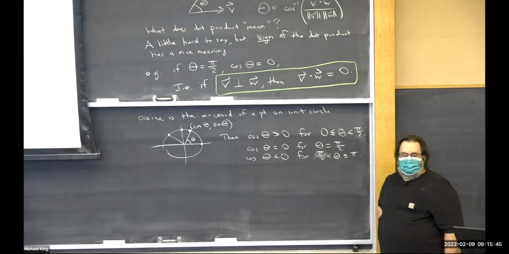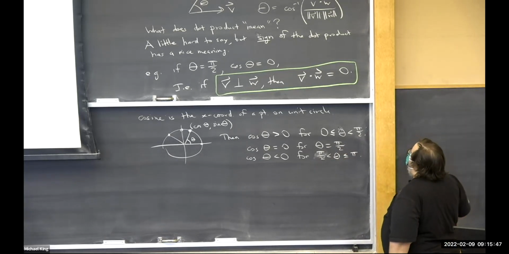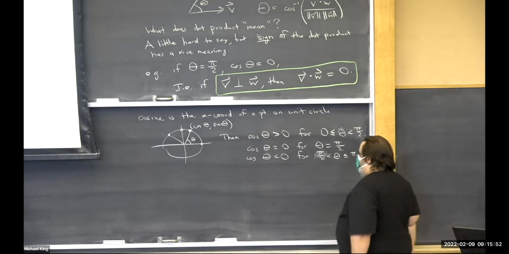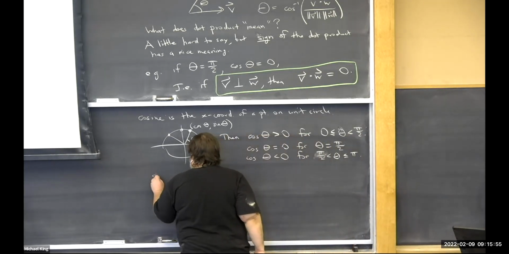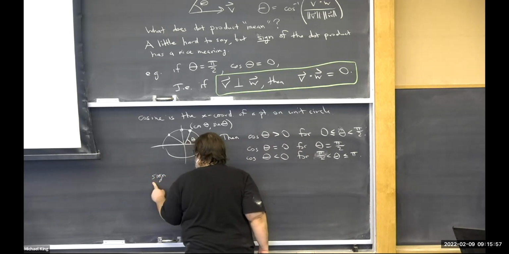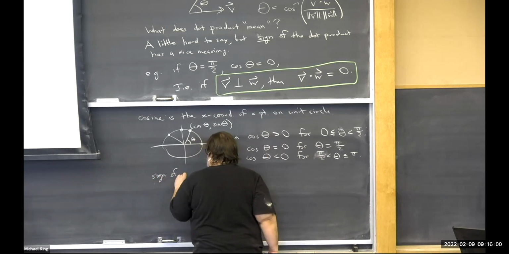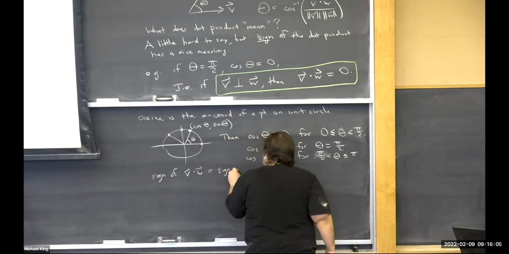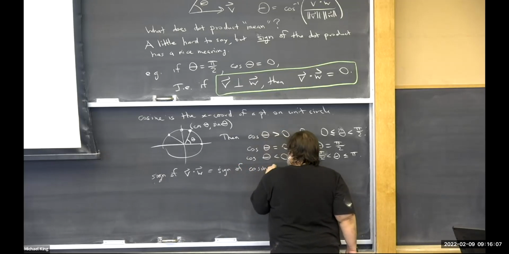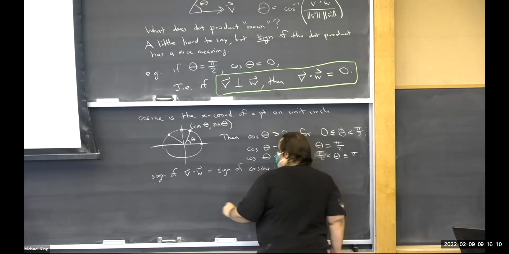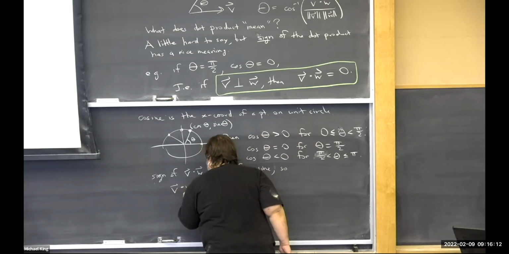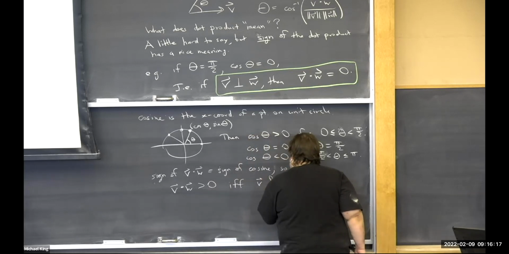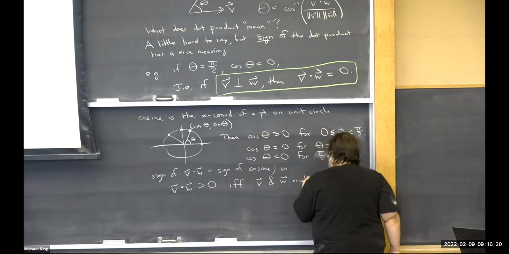So what that says, since the sign of v dot w equals the sign of cosine, not sine, but sign, is that v dot w is positive if and only if v and w make an acute angle.